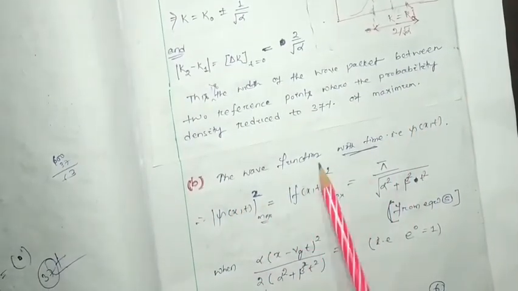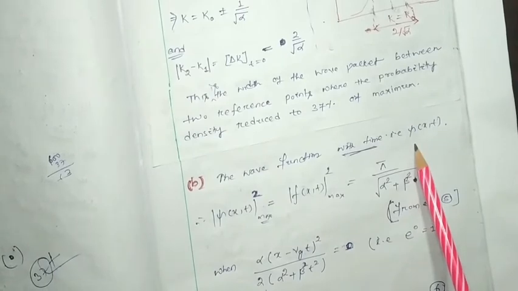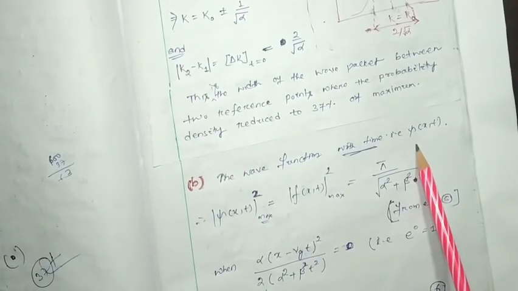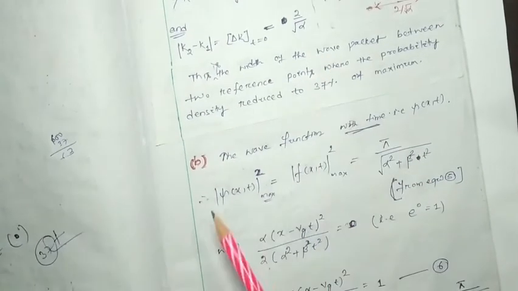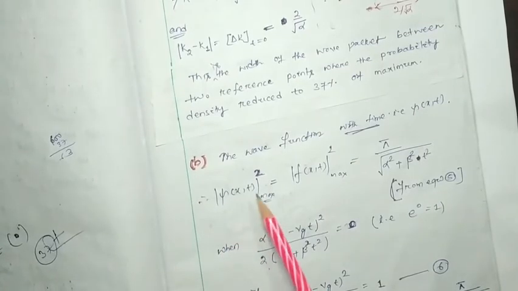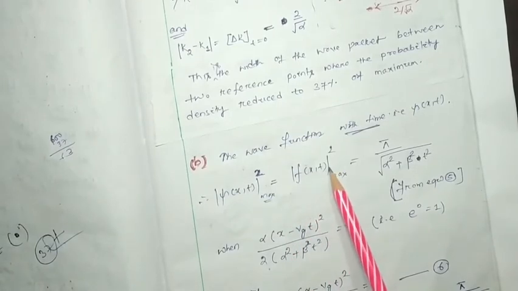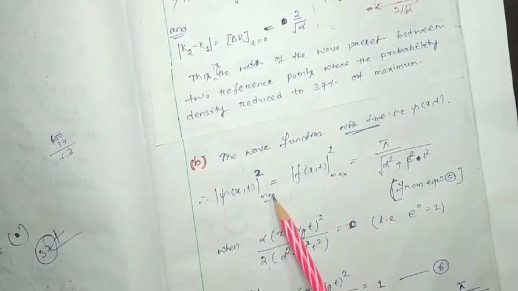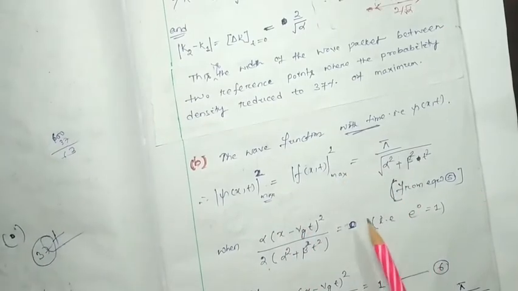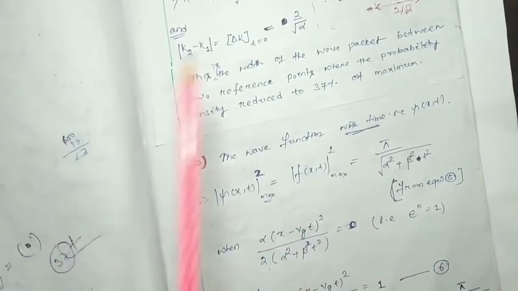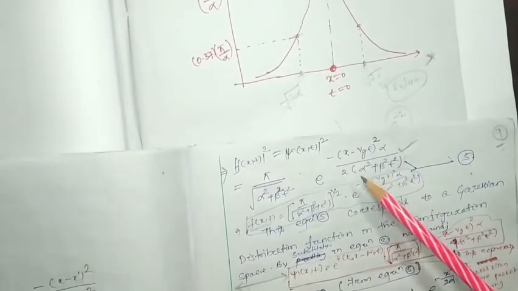Now we have to consider the wave function with time. So here mod psi x,t square will be equal to mod f of x,t square will be equal to how much? We have to consider the so called equation number 5. The equation number 5 is this one.